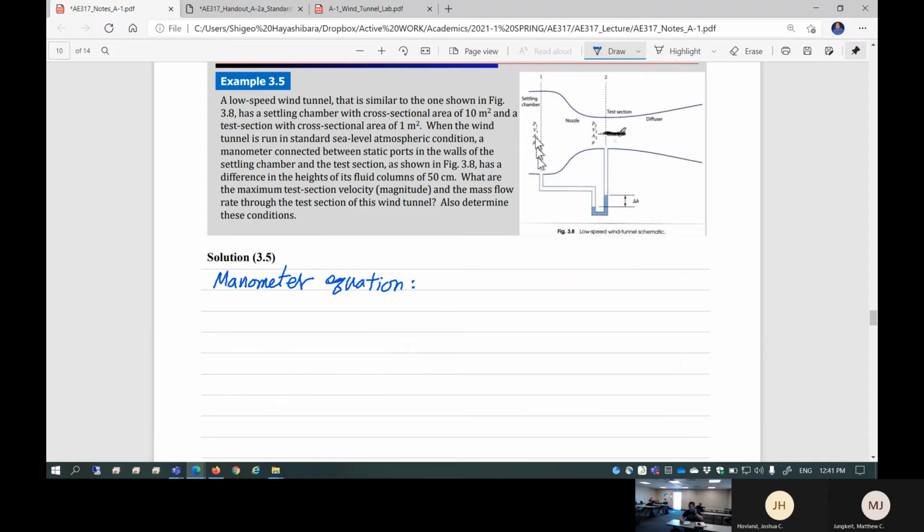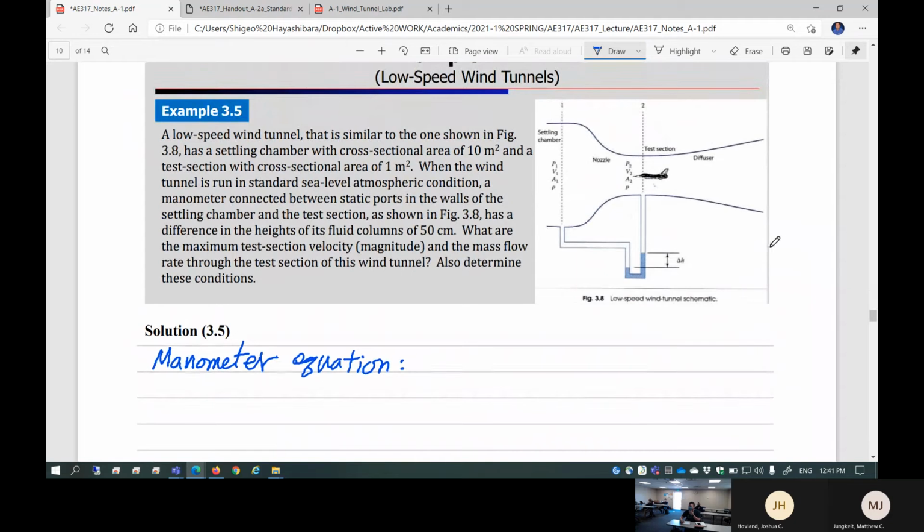Pressure P1 at this settling chamber goes all the way to here. The other side is right here, pressure P2. Which pressure is high pressure? P1, of course. Otherwise, how can you suck the air in anyway? P2 is lower pressure. P1 is higher pressure. That's why air is sucked in.